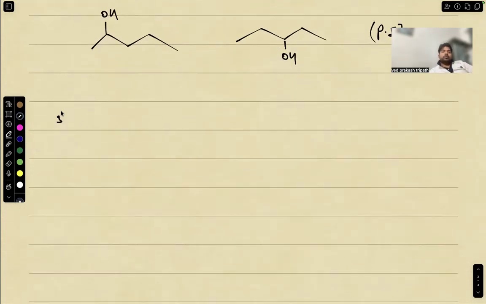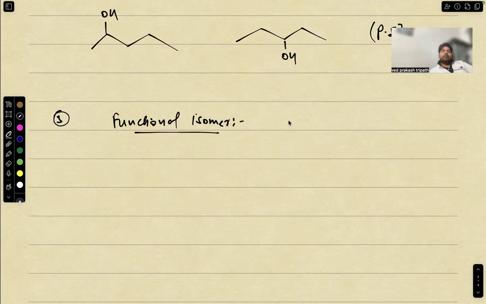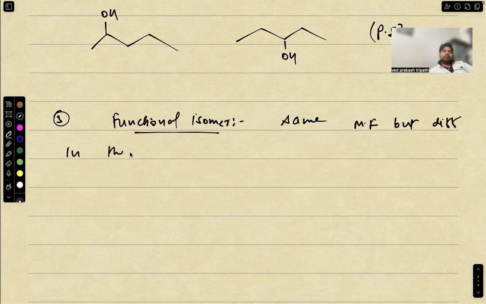The third one is functional isomer. So functional isomer, here we can say same molecular formula, but difference in the nature of functional group.